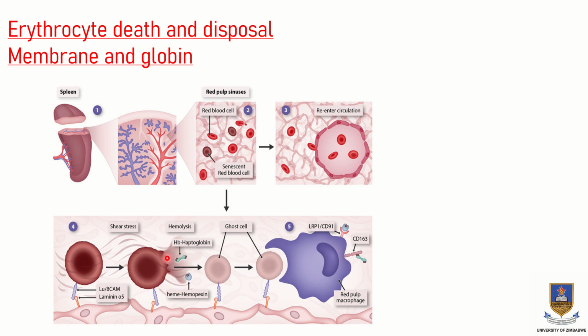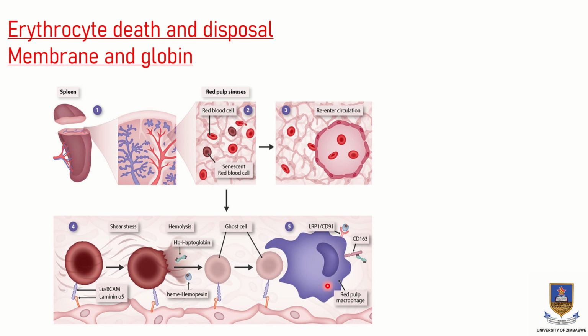And the plasma component is easily broken down by red pulp macrophages. Firstly, the macrophage identifies this old red blood cell by the laminin A5, and it simply engulfs it.